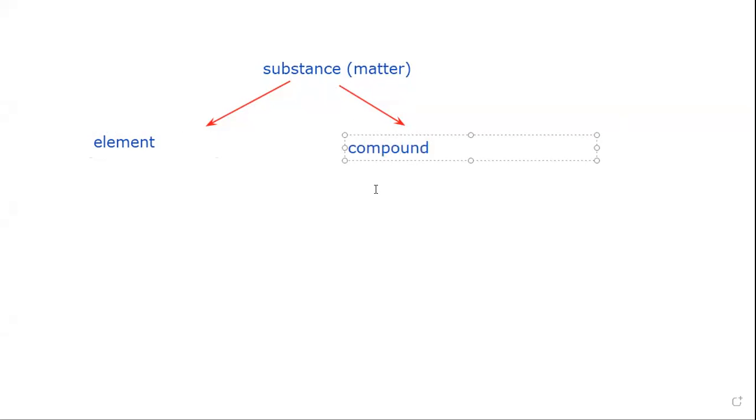What is the difference? An element is just one type of atom, while a compound is two or more elements combined together chemically. So that is substance.